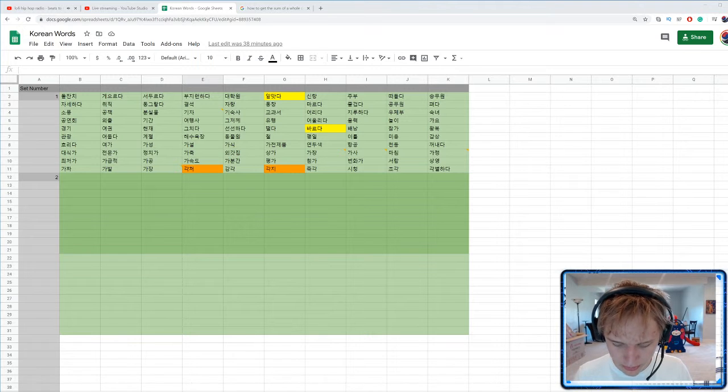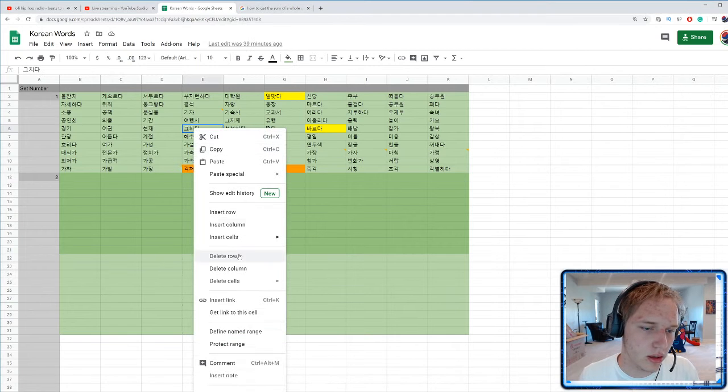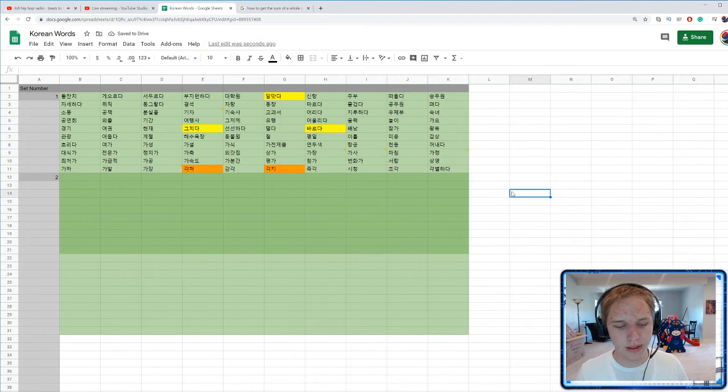Wage for going out. 연두색, yellow green. 여권, passport. 경기, a match. 그치다, to stop. Let me find 그치다 here. That one deserves to be yellow, because 마르다, 가늘다. I don't know how 그치다 is different.